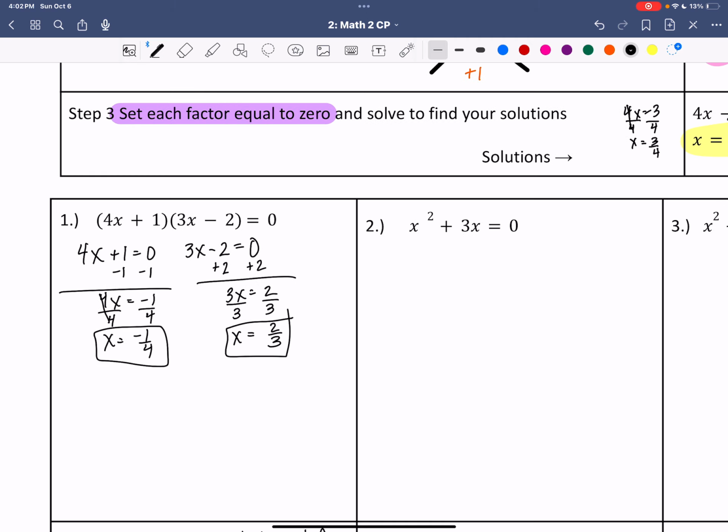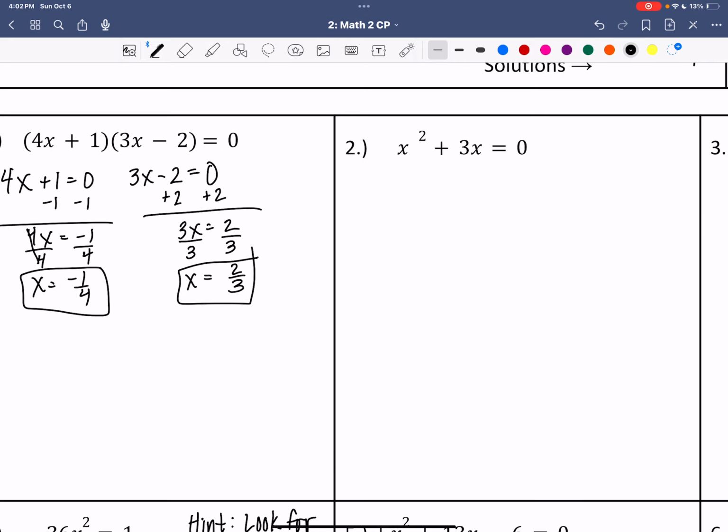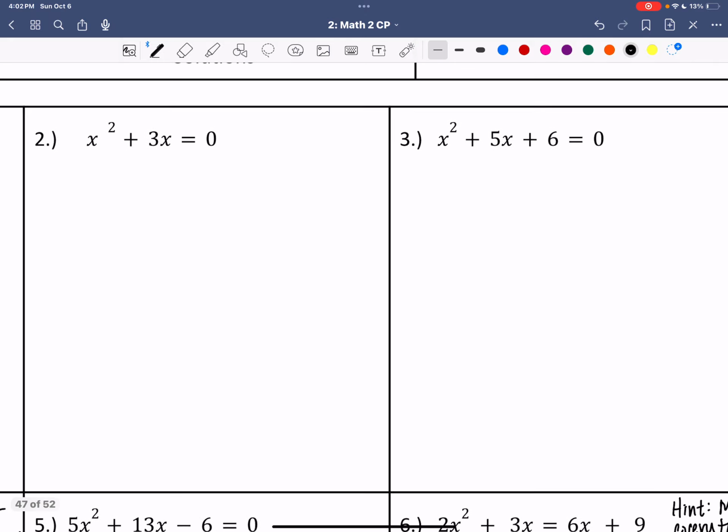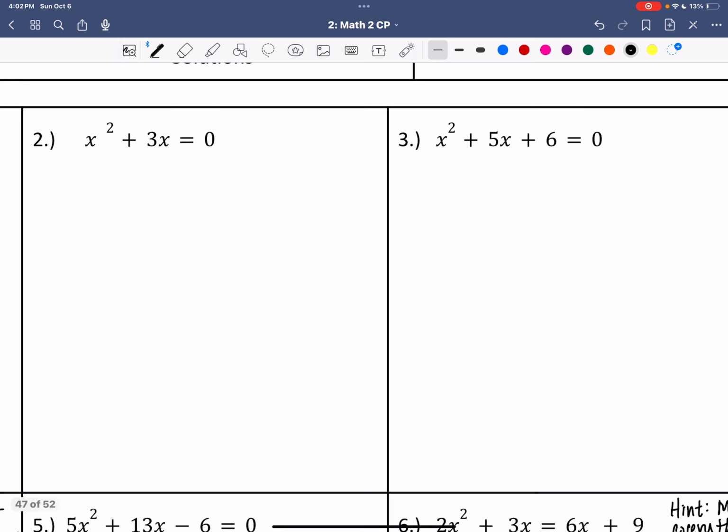That's it. All right, so now for number 2, the only thing we can do is just factor out a GCF. So the greatest common factor is actually x. So we're going to factor out x, and then whatever is left over stays inside the parentheses. Now, since we're solving this, we're going to take each part and set them equal to 0.